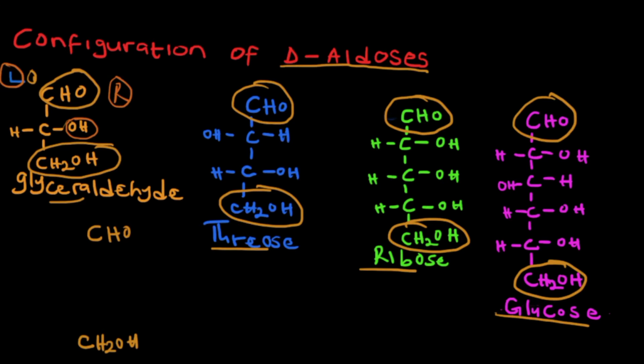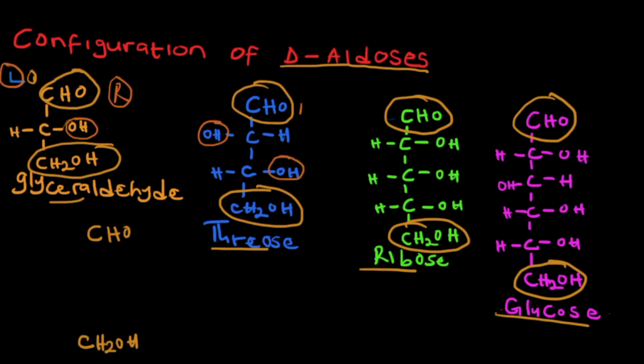If you look at this glyceraldehyde, it has only one OH group, not referring to the terminal CH2OH, a single hydroxyl group, and it is to the right. Threose has two hydroxyl groups, one to the left and one to the right.